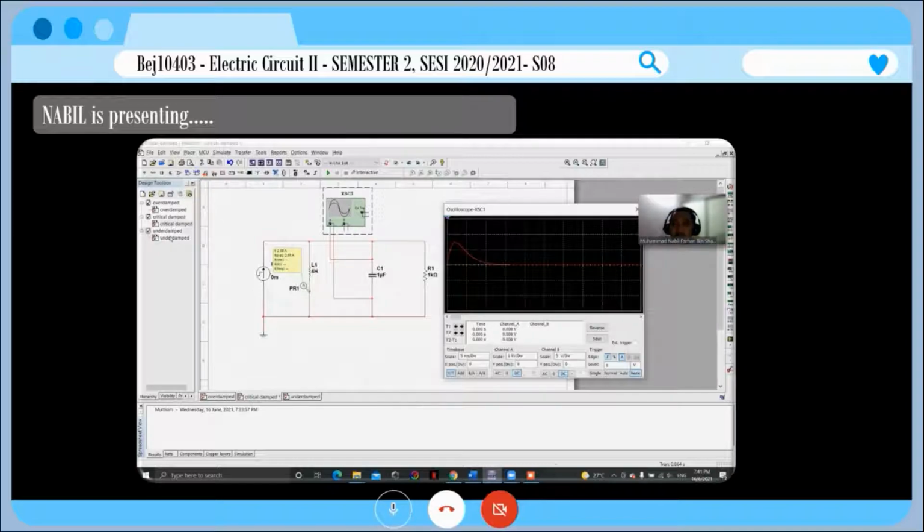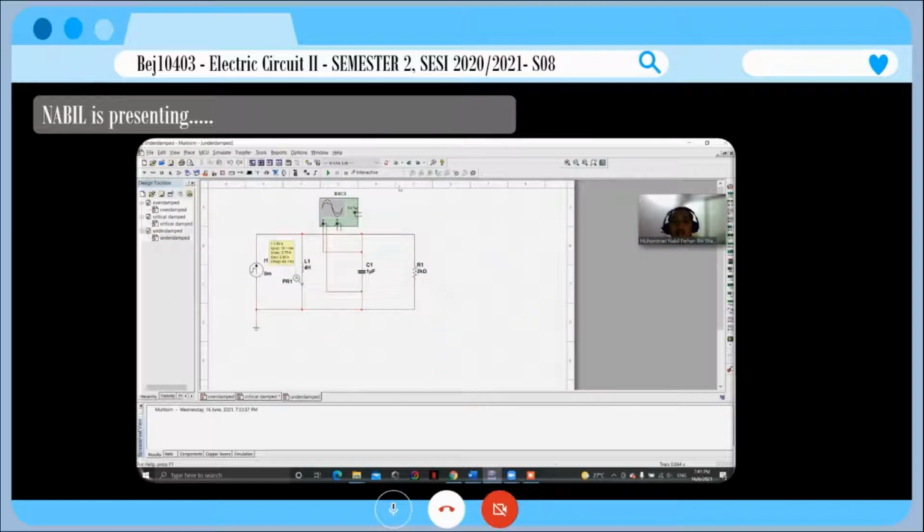For the underdamped, we use the step source, an inductor, a capacitor of 1 microfarad, and the difference from the critically damped and overdamped is the resistor. We use a resistor of 2 kilo ohm, and also an oscilloscope to show the graph for the underdamped.